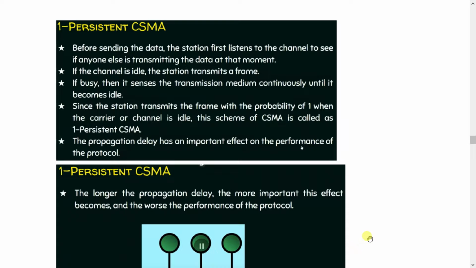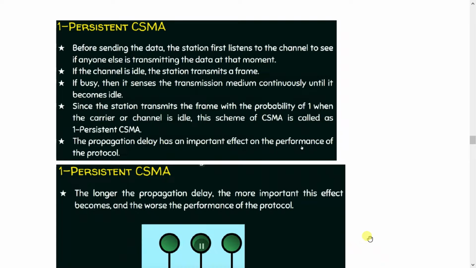See the naming, why people name it this way. Persistent means continuously sensing the channel if it finds it busy from the first trial of sensing. This is what we mean by persistent. One means if it finds it idle, it transmits with probability of 1.